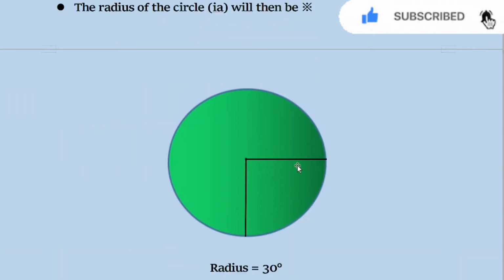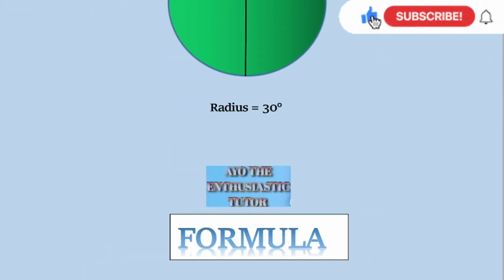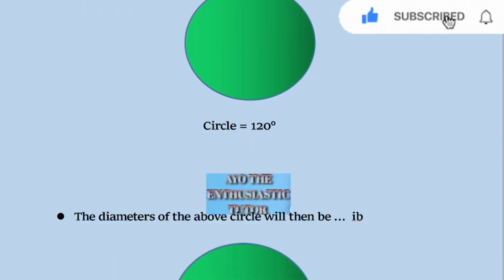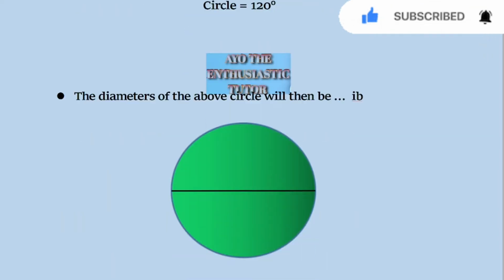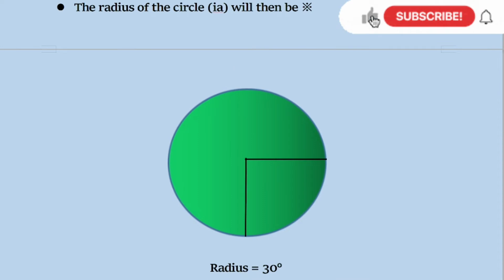As you can see, the line stops at the center of the circle and comes down. So we can say this is 30 degrees. I hope that is understood. Circle is 120, so the diameter will be 60. So now, if the diameter is 60, then we may say radius equals 30.